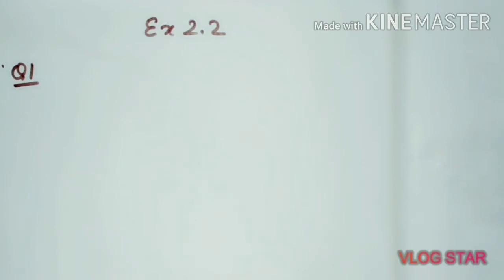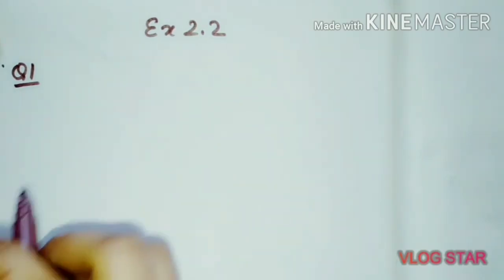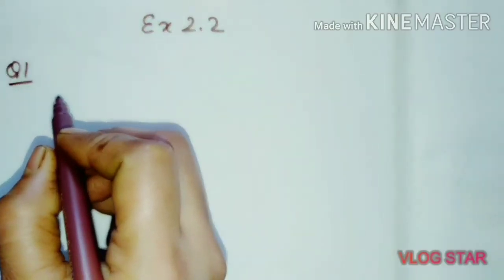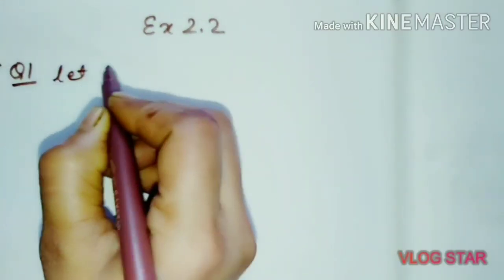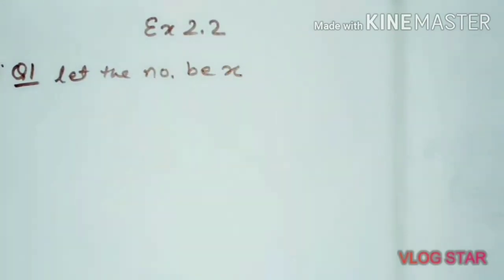The first question is, if you subtract half from a number and multiply the result by half, you get 1/8. What is the number? So the number is asked in the question, so that number we take as x. Let the number be x.